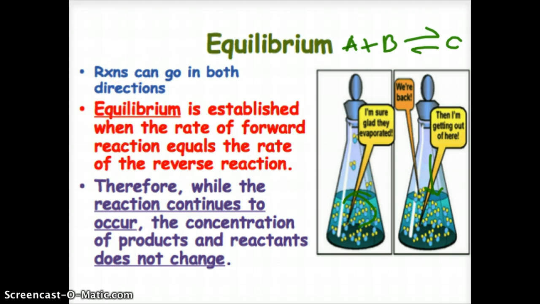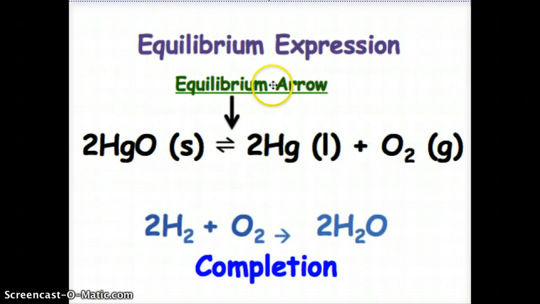That's what equilibrium is. Equilibrium just means that the products and reactants are changing at a constant rate and the reaction does not stop. It keeps going. Okay? Just like in this beaker, water turns into gas, but then the gas could turn back into water. This is called an equilibrium reaction. Now, how do you actually put this into an equation?